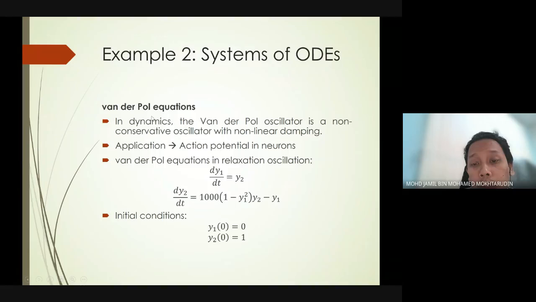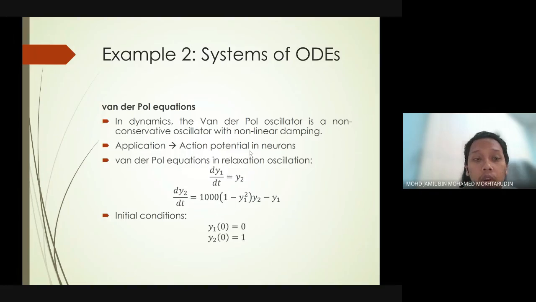The van der Pol equations are equations to model an oscillator, something that oscillates. The application is usually in the modeling of the action potential in neurons or the electrical signal in the heart, for example.